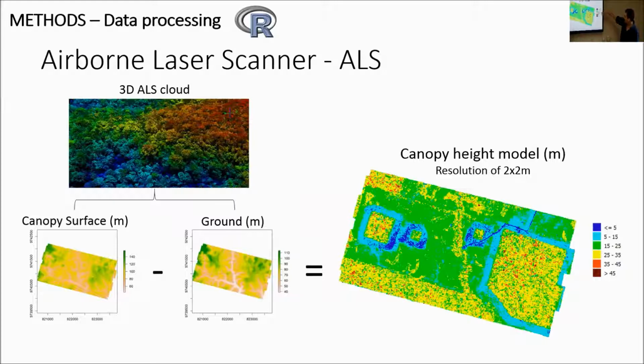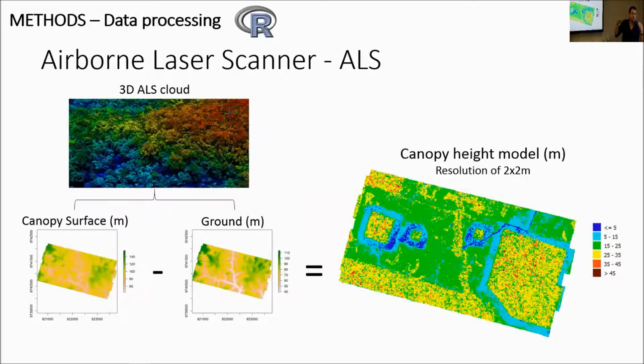Basically, we extract the 3 variables from the canopy height model: the height of the edges of the fragment, the open canopy, which is how much percent of the pixels is lower than a threshold.